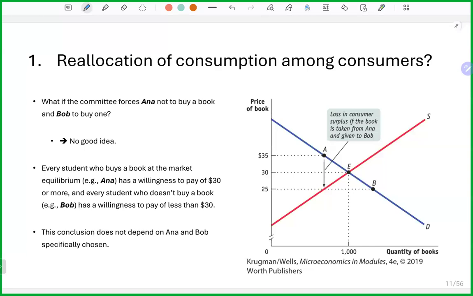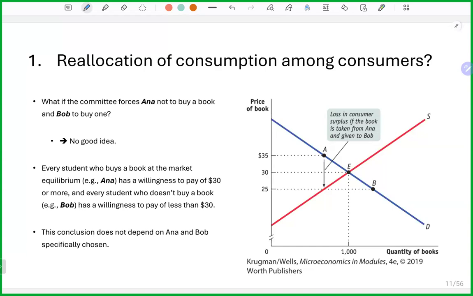So that's why, maybe in North Korea, the plan does not know who values the book more and who values it less. You know it, because you choose spending according to your own valuation.